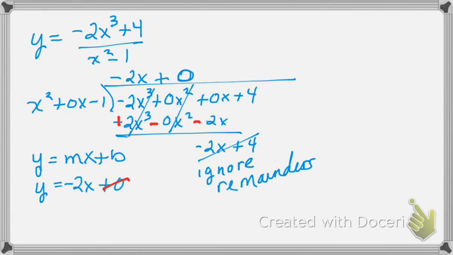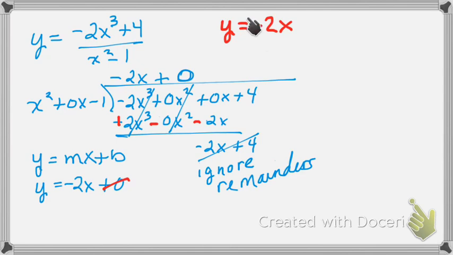So in your chart where it says oblique asymptote, in the third column, first problem, y equals negative 2x is your oblique asymptote.